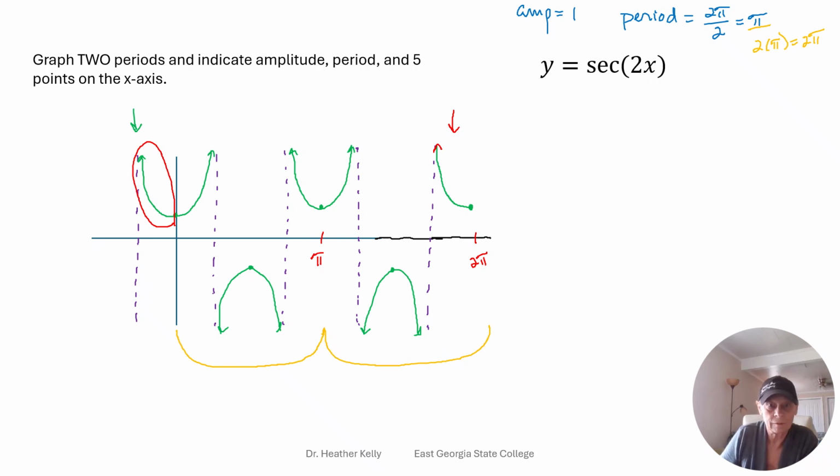Let's go ahead and do what's in between pi and 2 pi, and that is 3 pi over 2. What's between pi and 0? That is pi over 2. What's between pi over 2 and 0? And this guy would be pi over 4.